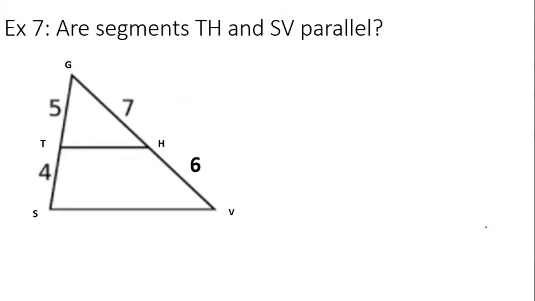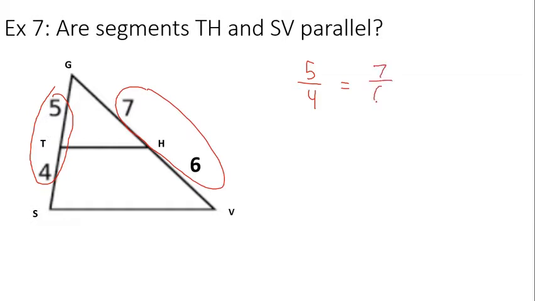Okay, example 7. Again, asking us, is TH and SV parallel? So I'm going to take these two, 5 over 4. And I take these two segments, proportional segments, 7 over 6. And I want to see are they equal. So I'm just going to divide. So 5 divided by 4 gives me 1.25.